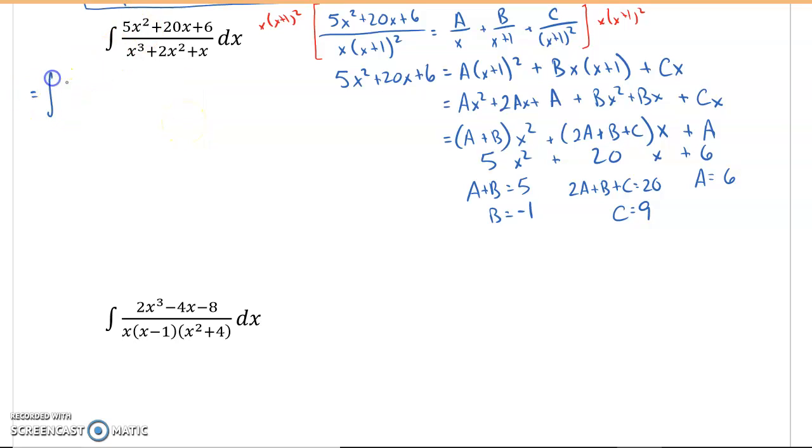So that original integrand can turn into three simpler problems. We've got A over x plus B over x plus 1 plus C over x plus 1 squared, just replacing A, B, and C with the values that we just found.